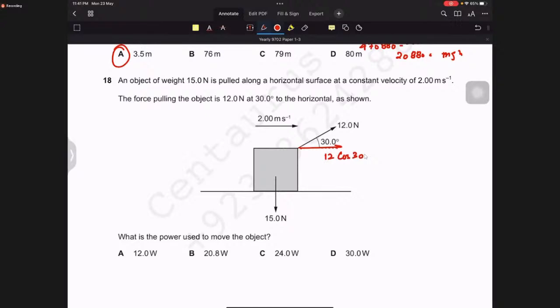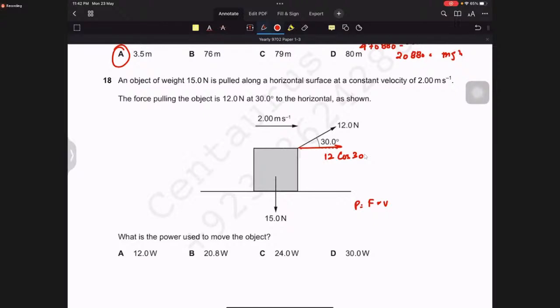And then this would be power equals force times velocity. Is the force pulling the object this at 30? Okay, so it has to be F12 cosine 30 times 2. Let me try to find it.